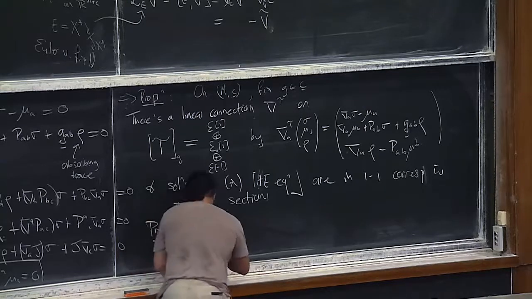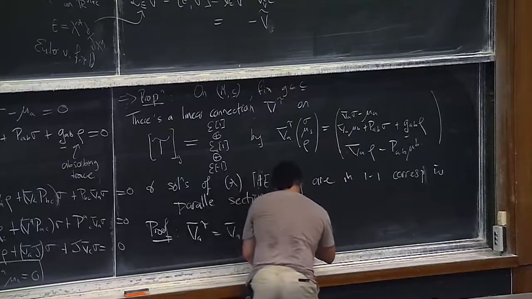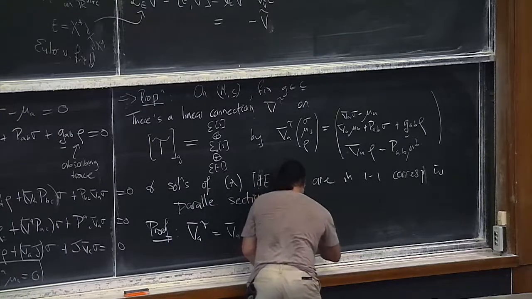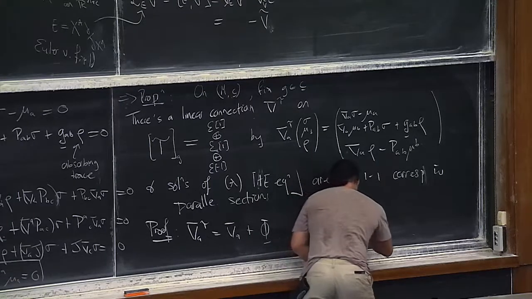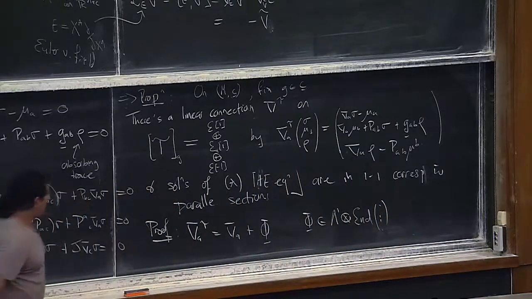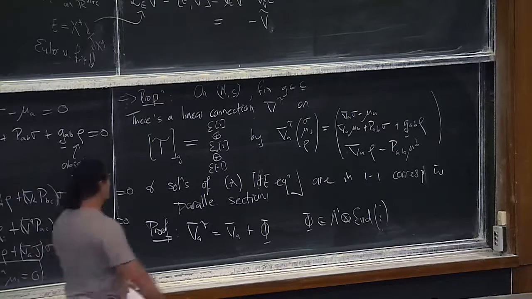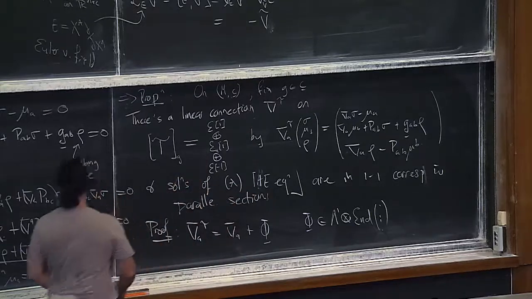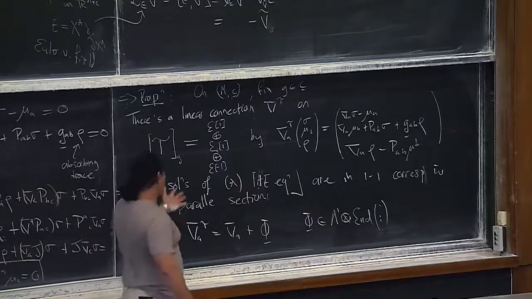Let me write down this. Everything is proved except that this is a linear connection. I mean, the claim that solutions of this are in one-to-one correspondence with that is just completely obvious. It's just rewriting the system, except I differentiate it once more. So there's nothing to prove there.